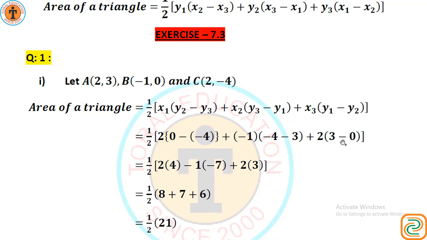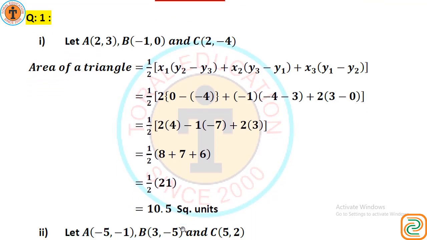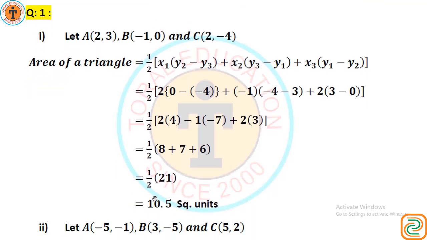So we have 2 into bracket 3. Now half 8 plus 7 plus 6: 2 4s are 8 and 2 3s are 6. 8 plus 7 plus 6, half into 21. Now you have 21 by 2, that is 10.5 square units.